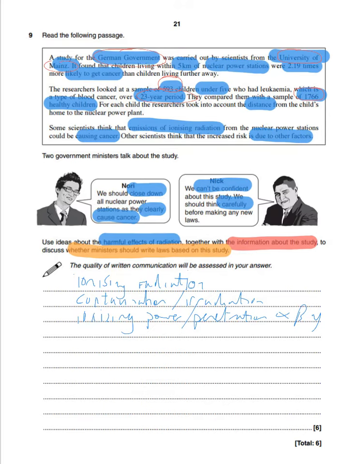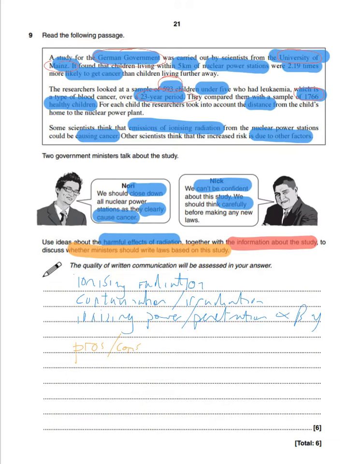Then finally, we've got to do quite a lot to get our marks here, whether ministers should write laws based on this study. So we'd have to consider some pros and cons of closing nuclear power stations.